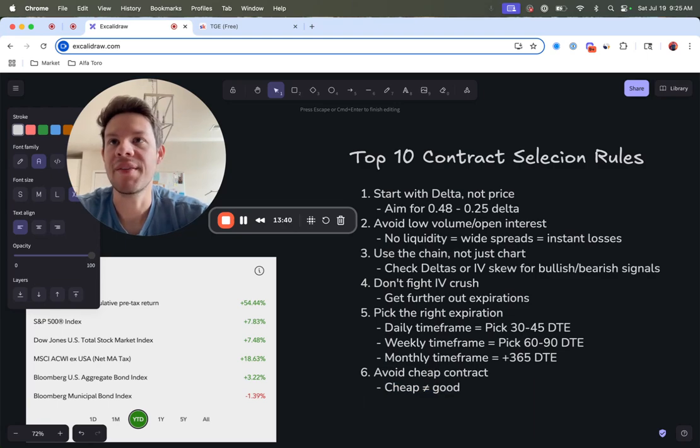All right, number 7. Now this is something that I talked about with liquidity here, right? Avoiding low volume and open interest, but watch spreads.